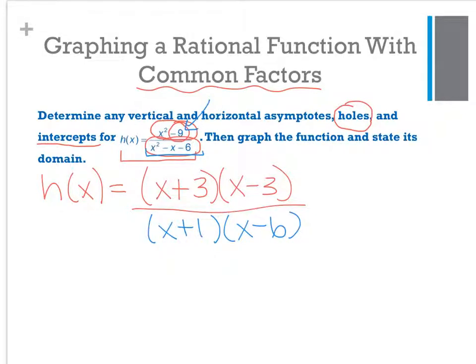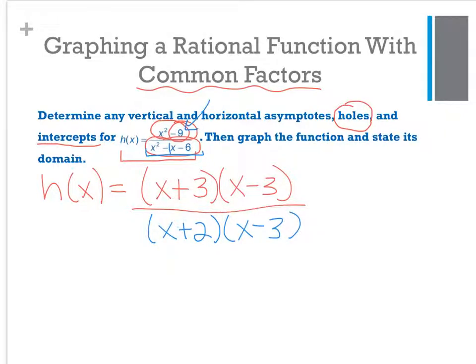Nope. I'll take that back. It's got to be a positive 2 and a negative 3. Positive 2 times negative 3 gives me negative 6, and when I add 2 and negative 3, it gives me negative 1.